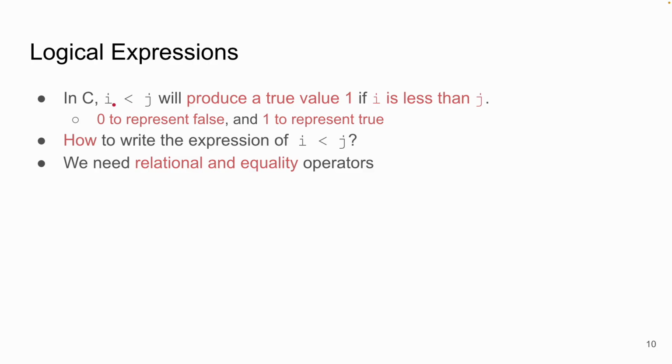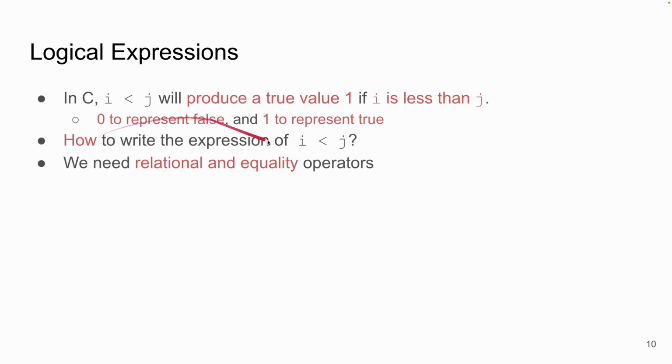However, if I is not less than J, then this expression will produce 0. In C, if a logical expression returns 0, that means this condition is false. And if this condition is true, it will return 1.